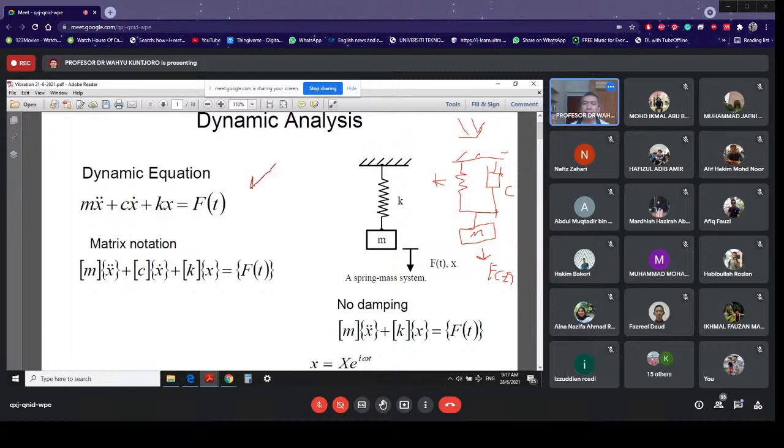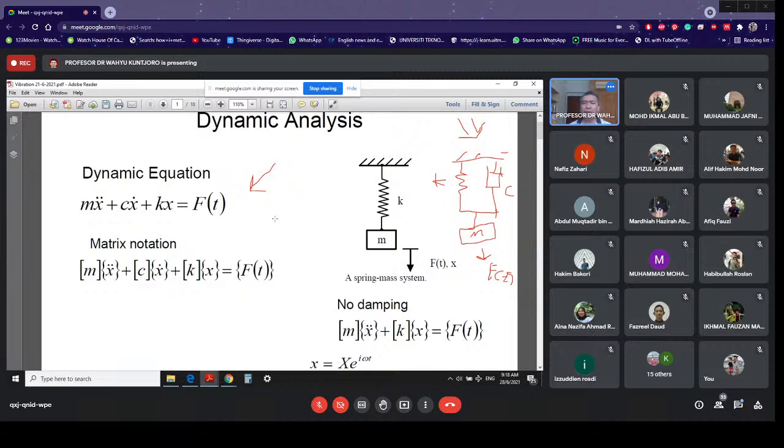Then that is our dynamic equation. Sometimes we call this the governing equation. Governing comes from the word to govern, meaning that this is an equation which is controlling the behavior of the system. So that's why we call it governing equation, or sometimes dynamic equation.